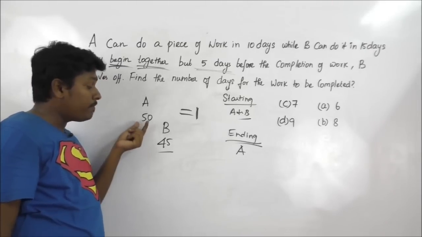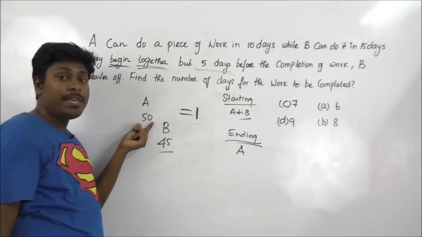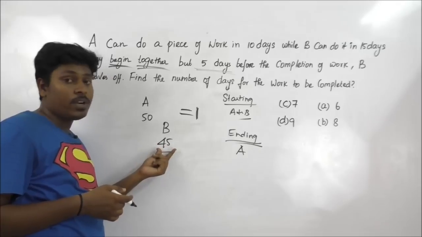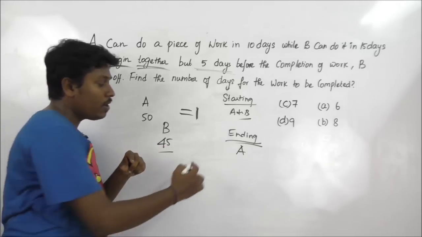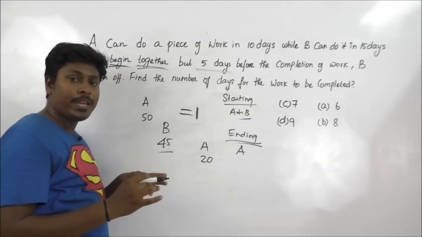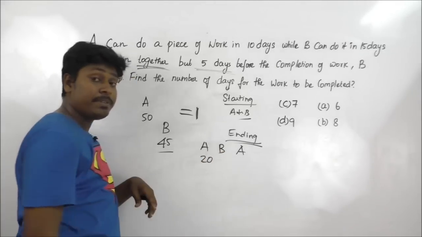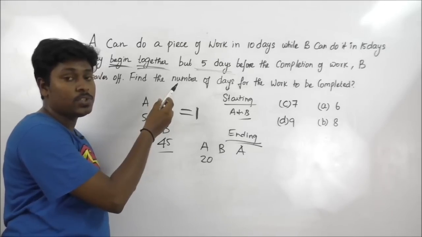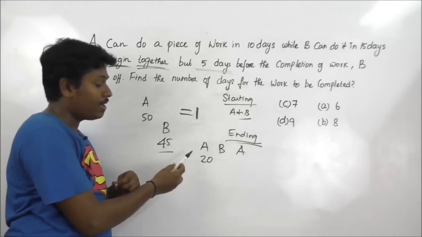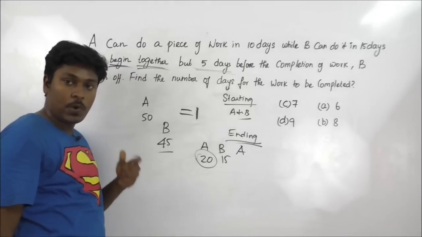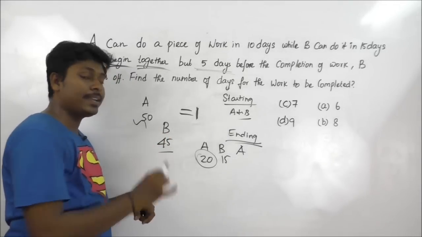Why? Because B left 5 days before the completion of work. Got the idea? So B has worked for 45 days. Got it? So if I put A equal to 20, the entire job is completed in 20 days. What about B? How many days has B worked? Here the job is 20 days. We know that B left the job 5 days before the completion of work. The job is completed in 20 days, so B has to work for 15 days. Got the idea? This is our third target.